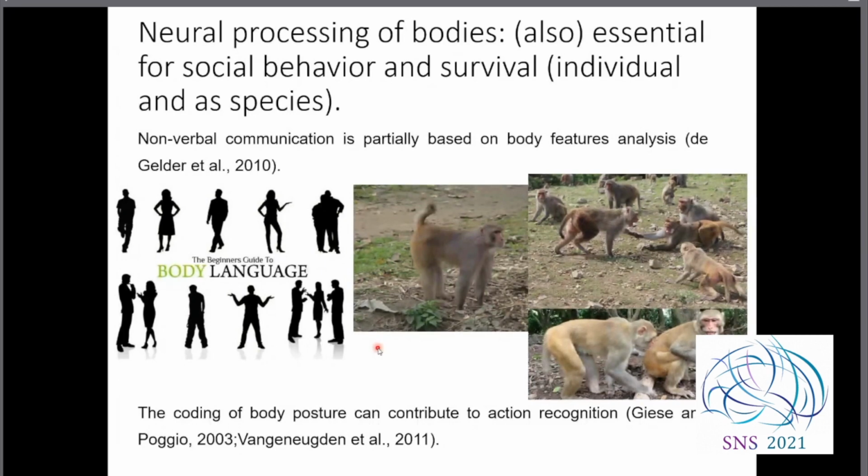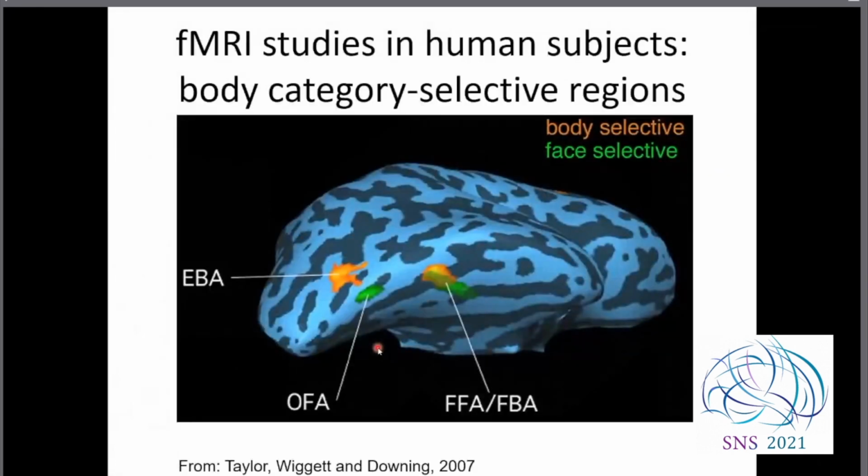Now we know from human fMRI studies and also from monkey fMRI studies that there are some regions especially in the temporal cortex which are activated more strongly by images of bodies compared to faces. You have one here in occipital temporal part, which is called the EBA.